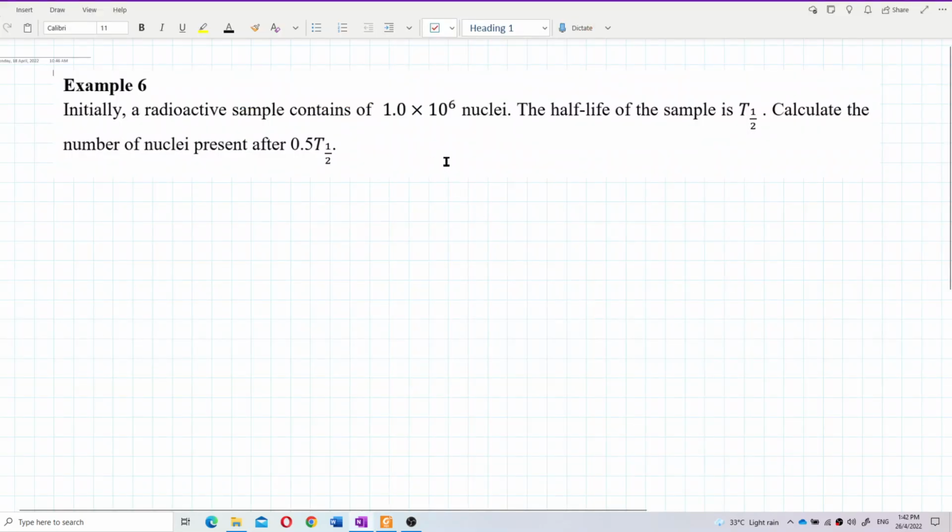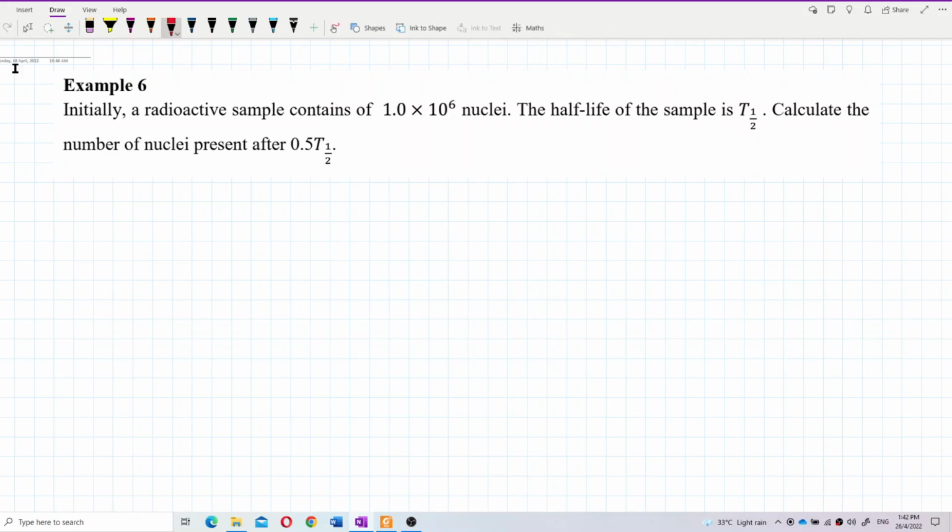Here we have the sample initially, that means at 0 second. At 0 second, this sample has this amount of nuclei, so this is the N naught, the number of nuclei at 0 second. And it has the half-life.